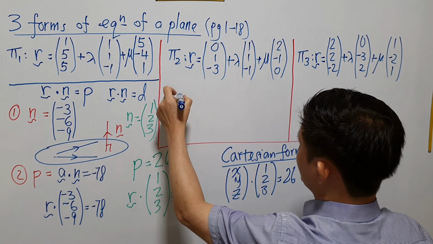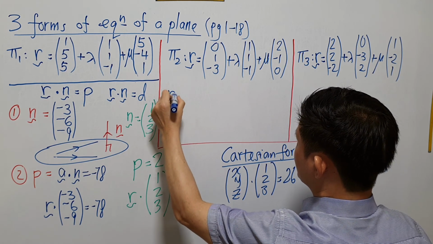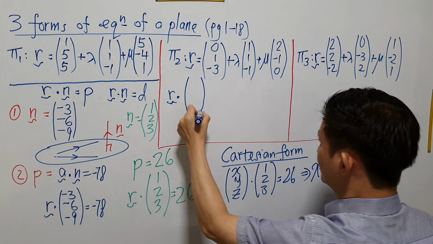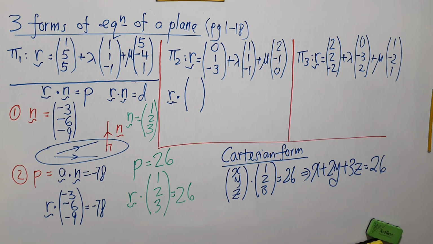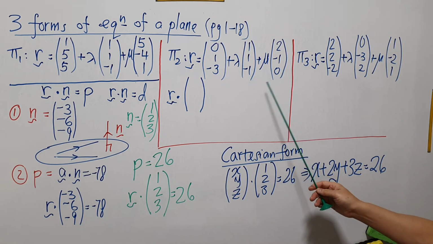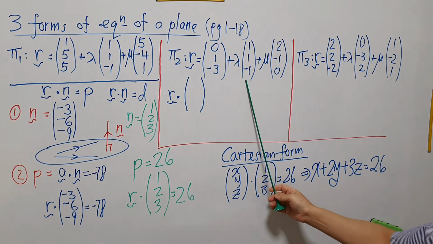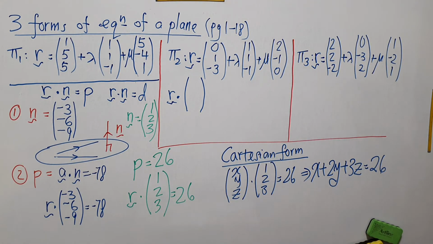So to convert this into the dot product form is r dot... what you do is you want to cross product these two vectors to get the vector n. First step is to cross product these two vectors. So how to cross product these two vectors?